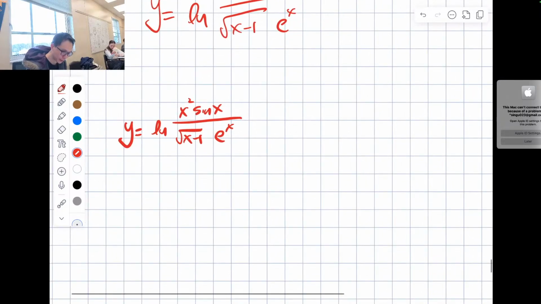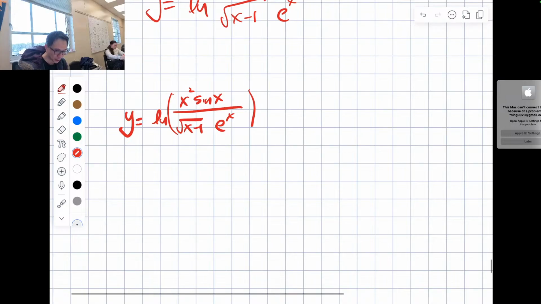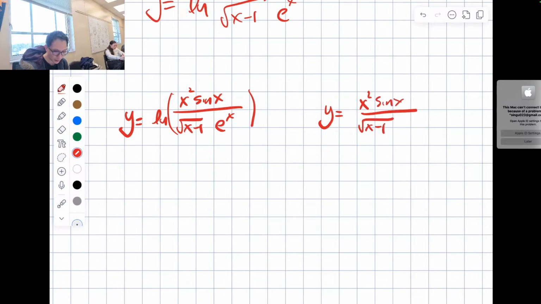Okay, so ln of this, right? So this is the first situation. The second situation I'm going to give you is almost like it: x squared sine of x over square root of x minus 1 times e to the x on the bottom. So what's the difference between the first one and the second one? The lack of ln. So the lack of ln seems like an issue.